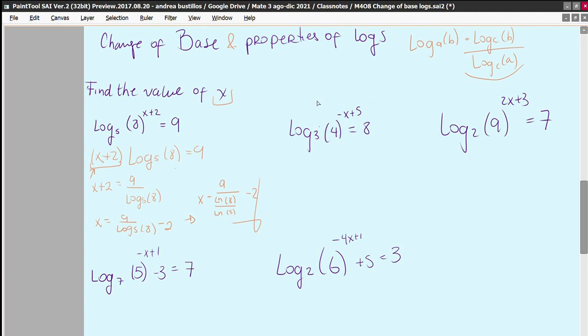Let's do another example. Again, the variable is in the exponent and I don't want the variable to be an exponent, so I'm going to use the power property to put it down. From there, because I want to solve for x, I want to isolate this term, meaning that I have to divide everything by the logarithm.